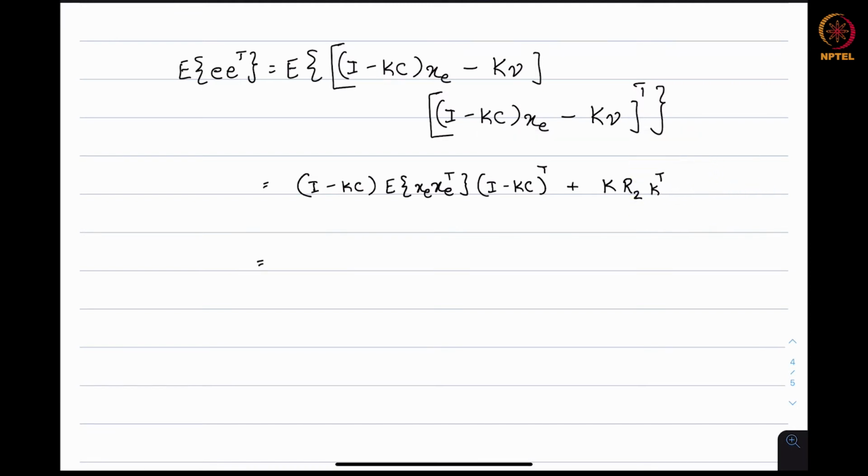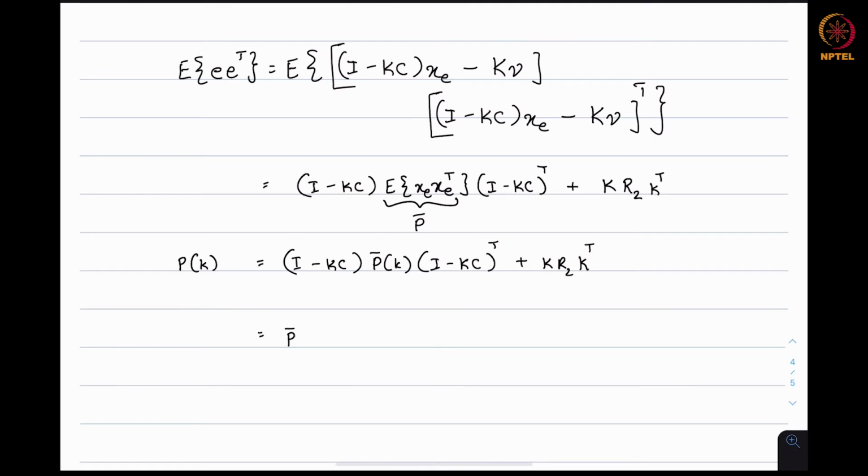Okay, and this is nothing but P bar. So P K is equal to (I minus K C) P bar K (I minus K C) transpose plus K R2 K transpose, which we can write as P bar plus K C P bar C transpose K transpose.